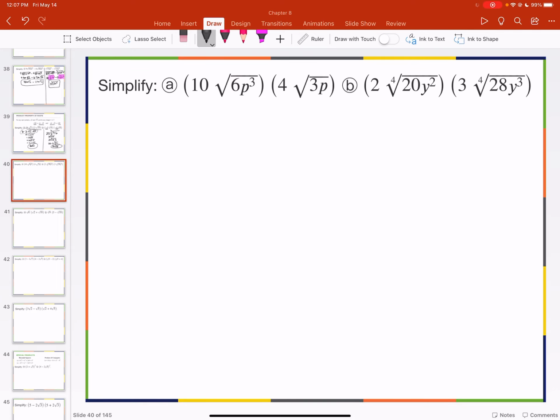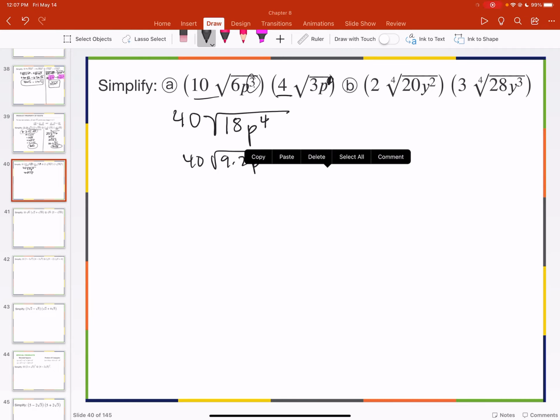Okay, a few more. So this is going to be, you multiply the coefficients because of commutative property. Square root, what's inside, you have 18p to the power 4, because there's 3 here and there's 1 here. So square root of that, 18 is 9 times 2, square root of 9 times 2, p to the 4th power.